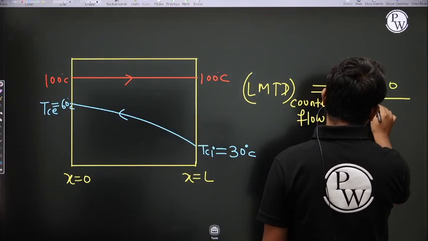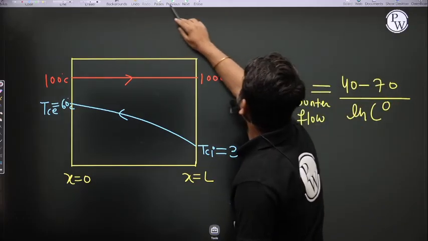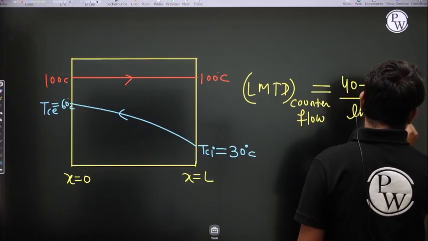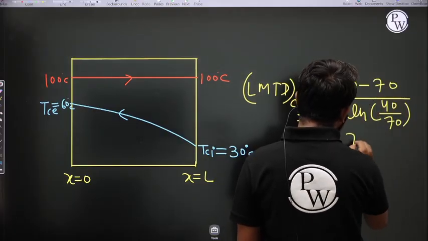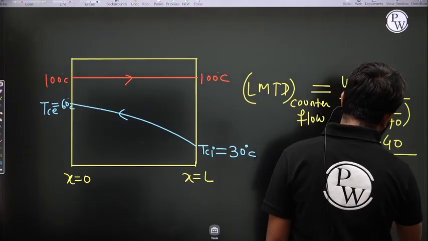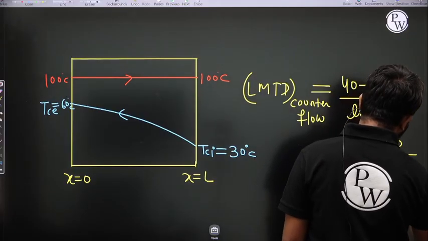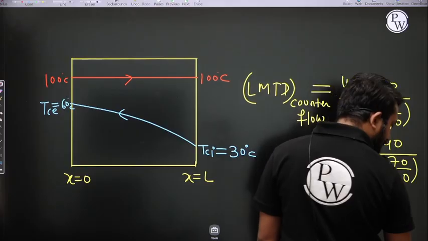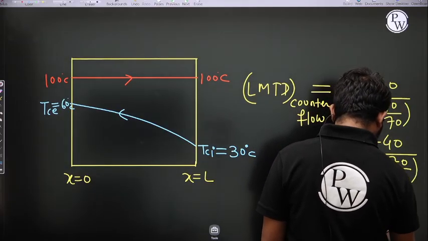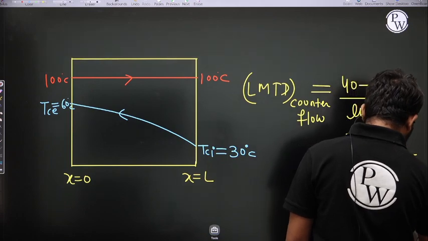Natural log 40 by 70. Or simply you can say 70 minus 40 divided by natural log 70 by 40. You are getting the same, which is equal to 53.61 degrees Celsius or Kelvin.